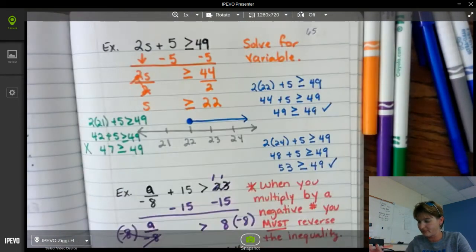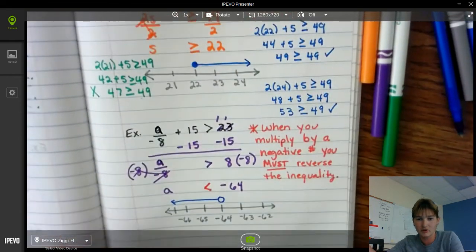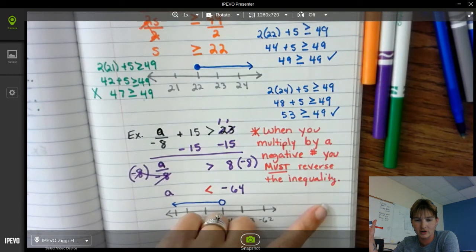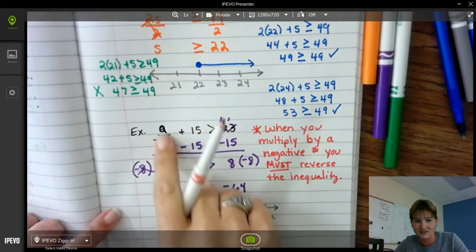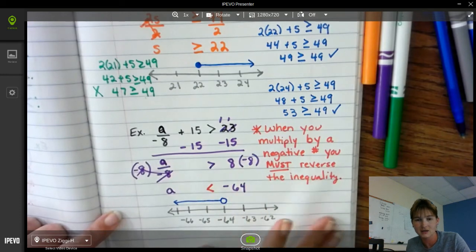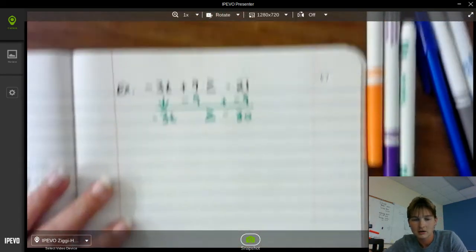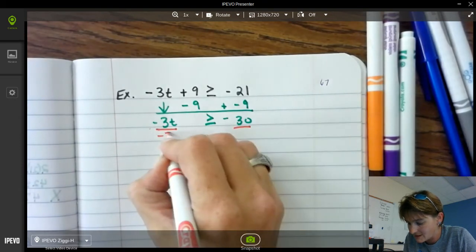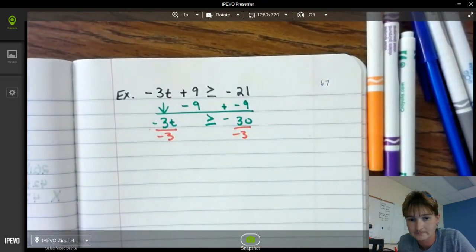And before, when we said when you multiply by a negative number, you must reverse the inequality, that was because we had a division, so we had to multiply by a negative number on both sides. Here, you're going to have to divide by a negative number.